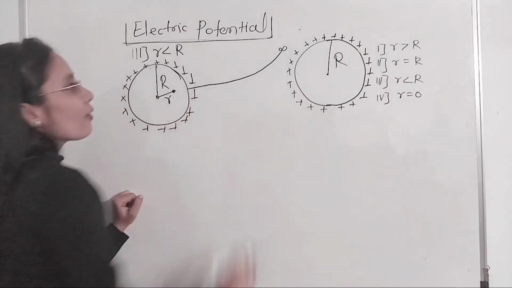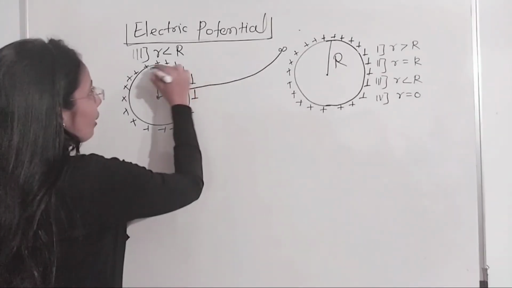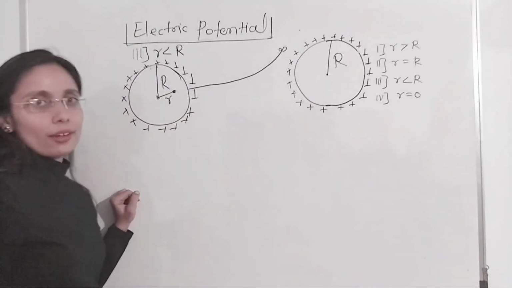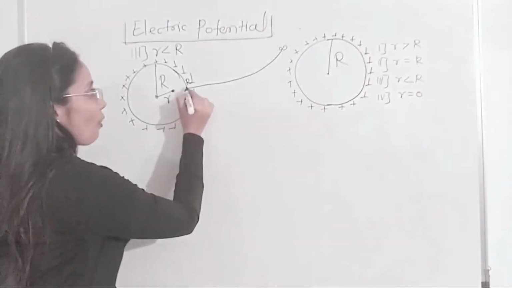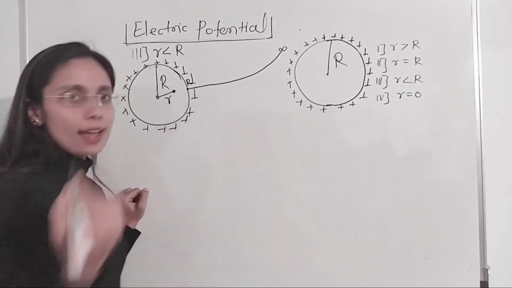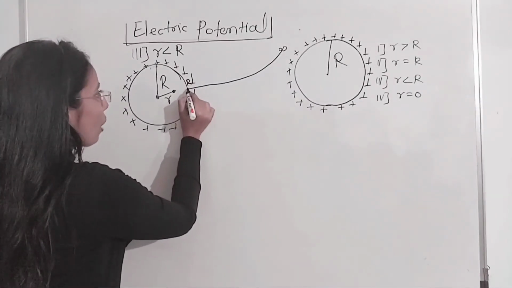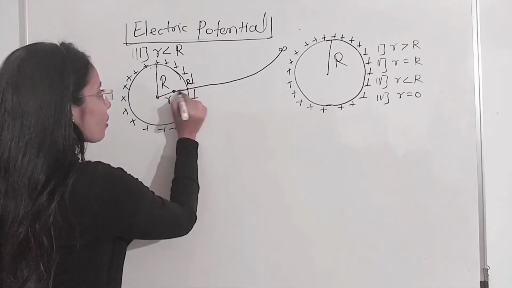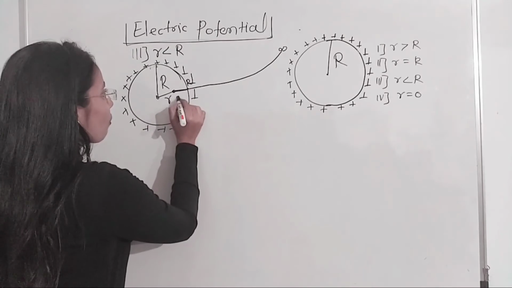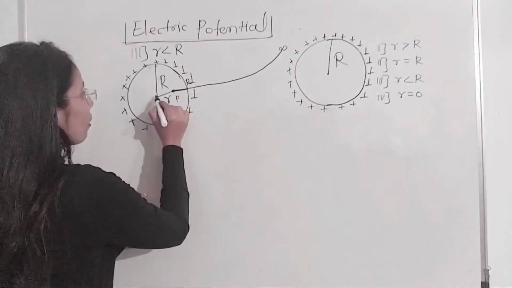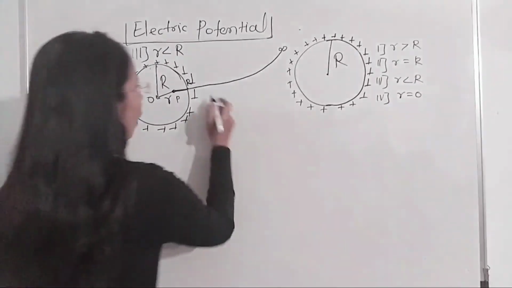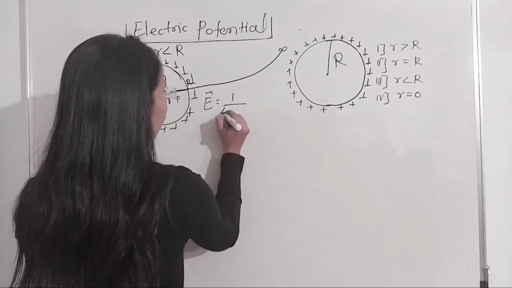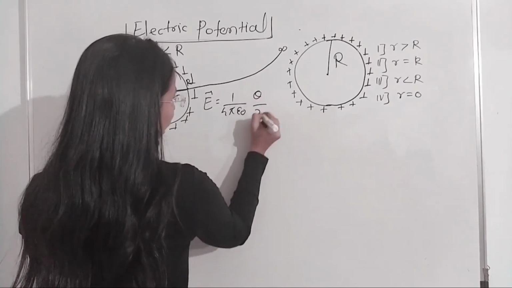The first station for that charge is on the surface of that sphere, at a distance capital R. The next station for that charge is from capital R to a point P, which is at a distance small r from the center O. And we know that the electric field is 1 by 4 pi epsilon naught Q by R square.